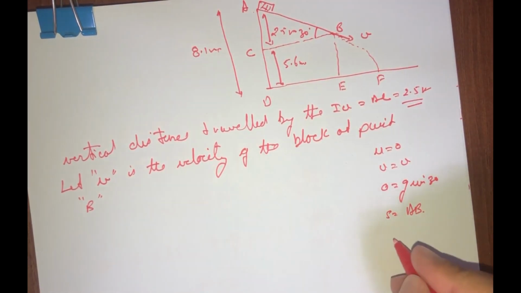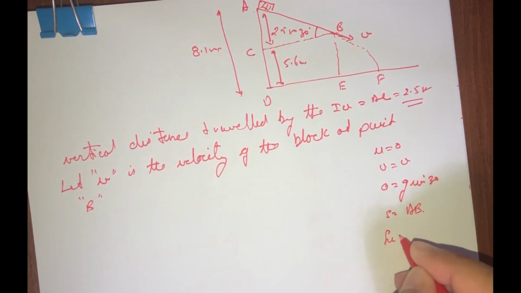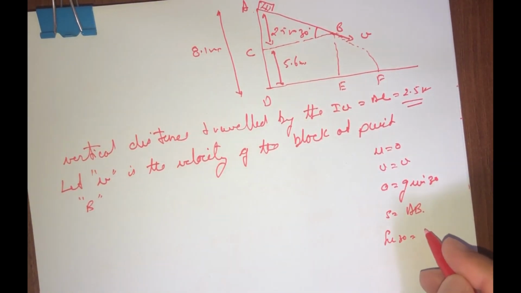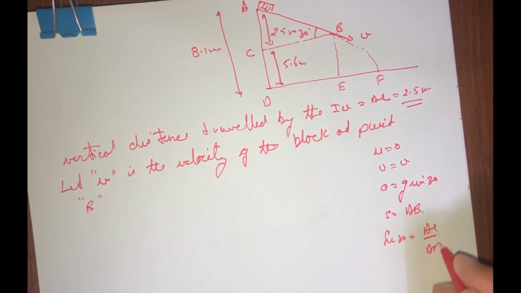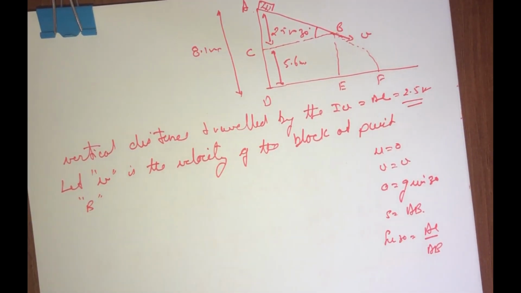We can say that sine of 30 will be equal to AC by AB, in triangle ABC.